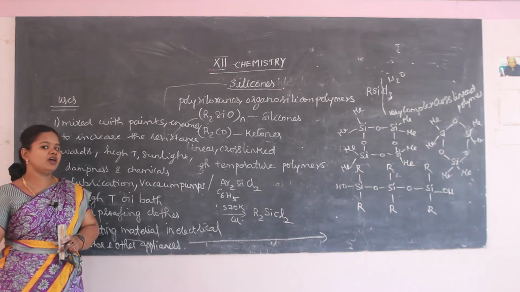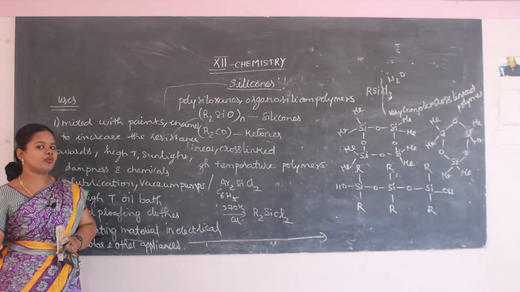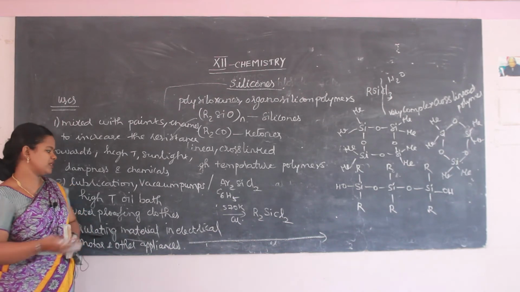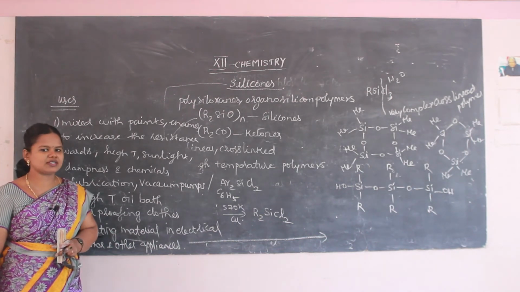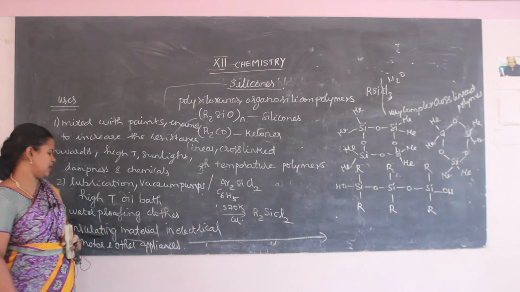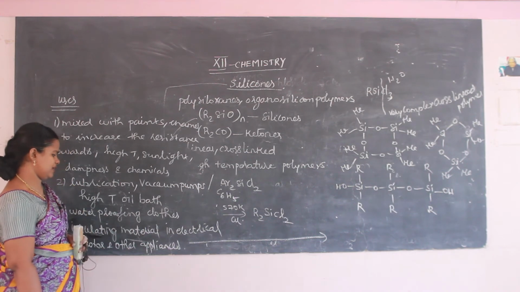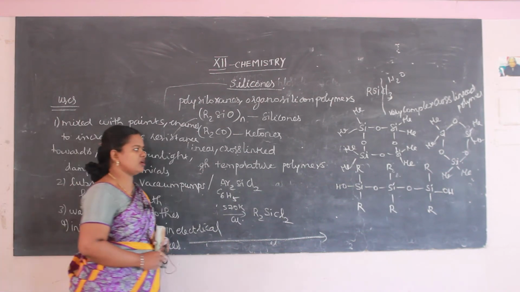Already we saw that potash alum is used in waterproofing textiles and also in purification of water. In the same way, silicones are used in waterproofing clothes. It is also used as an insulating material in electrical, motor and other appliances. So these are the uses of silicones.